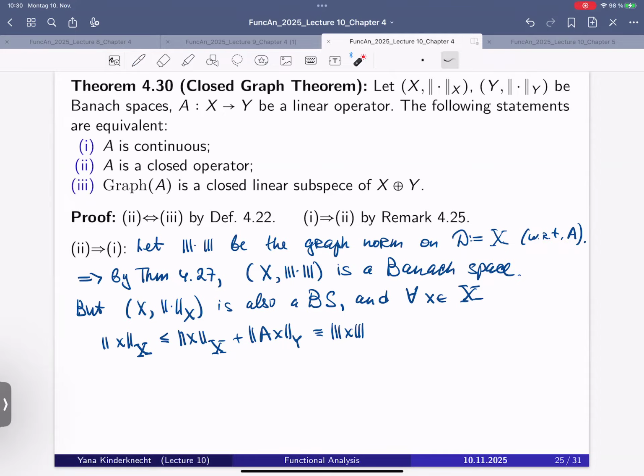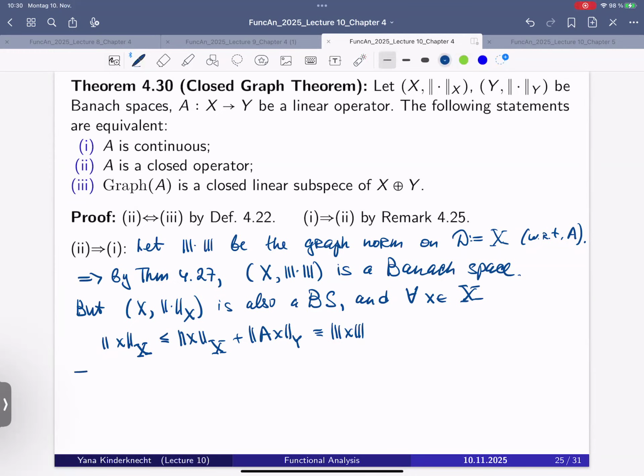So we have two norms on X, this norm and this norm. This norm dominates this norm, and both norms make X a Banach space, so a complete space.